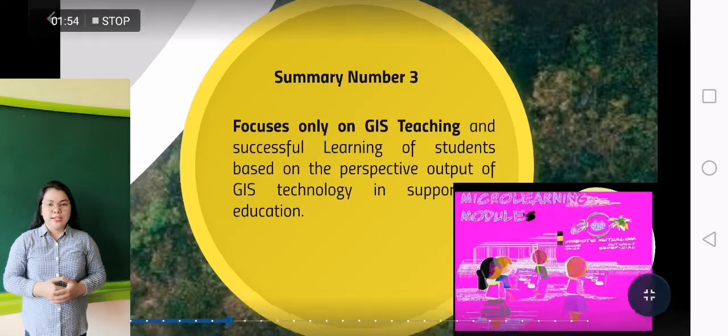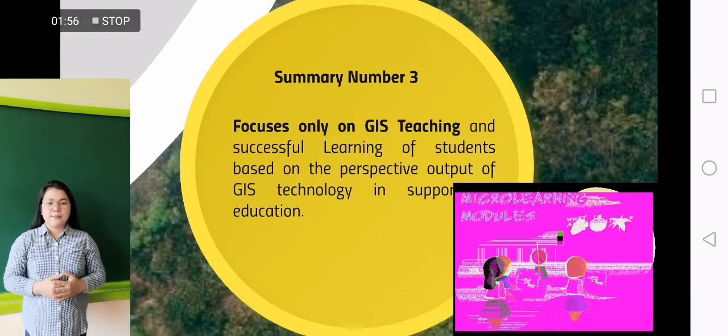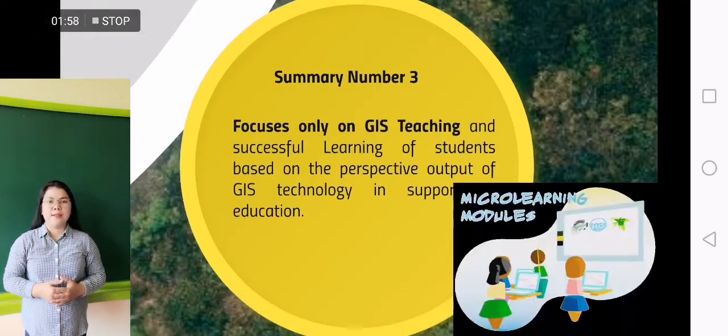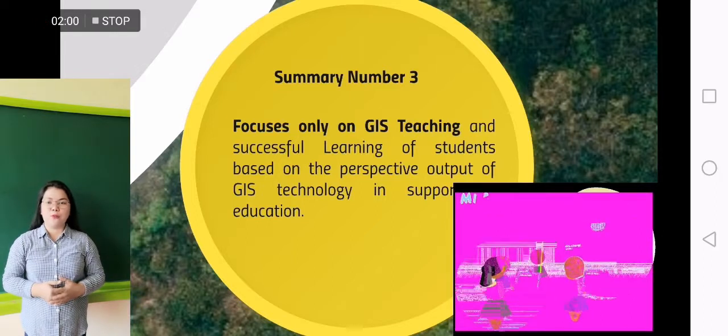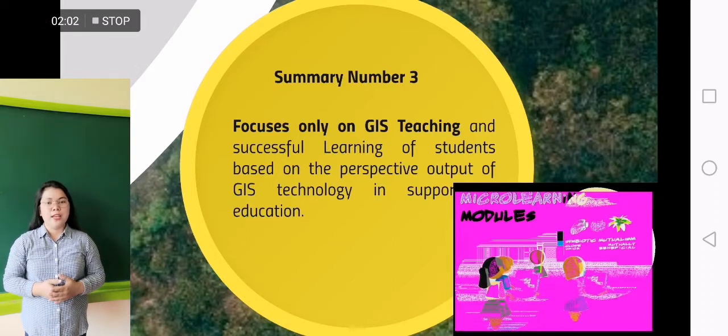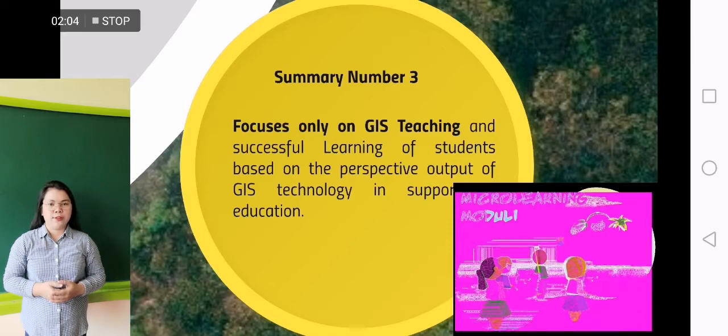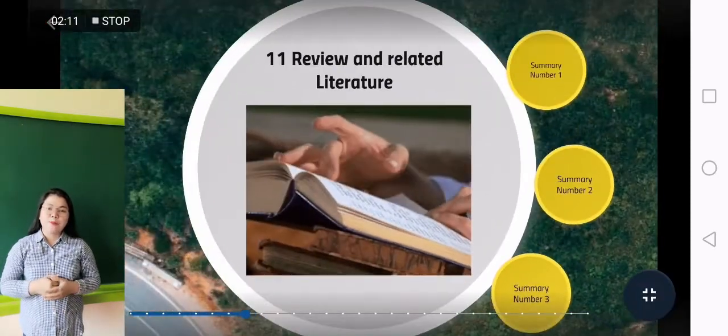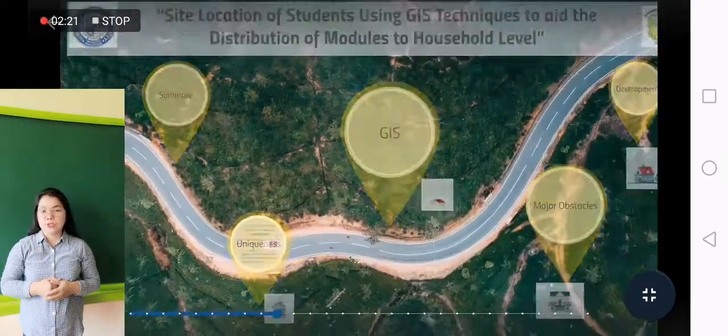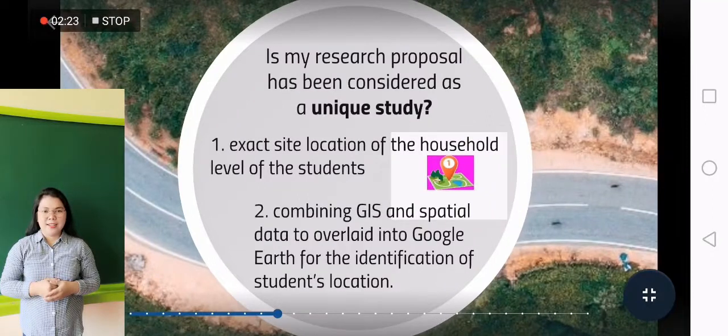They focus only on GIS teaching and successful learning of students, based on the perspective of the output of technology in support of education. Why is it that my research proposal has been considered a unique study?